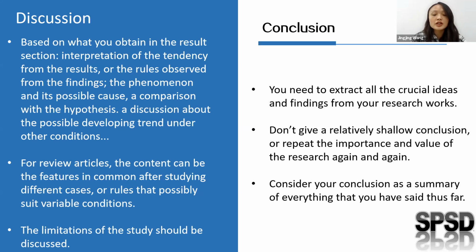In a review article, you can discuss the features in common after studying different cases, or the rules that suit variable conditions you can get from it. Also, you should tell the limitations of your study. I believe no one can conduct research in 100% ideal conditions.